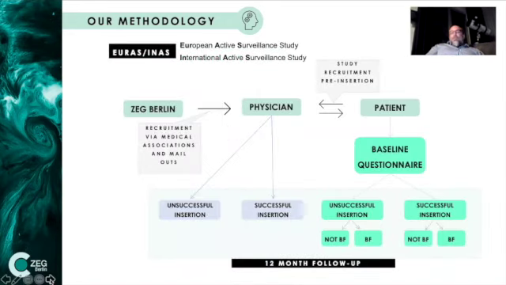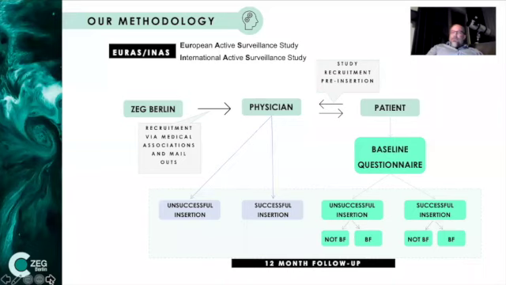This basically shows our recruitment process. So we recruited physician or HCP networks in the different countries who served not as investigators, but rather as recruiting physicians or midwives. They asked patients prior to the insertion whether or not they would be interested in participating in the study.